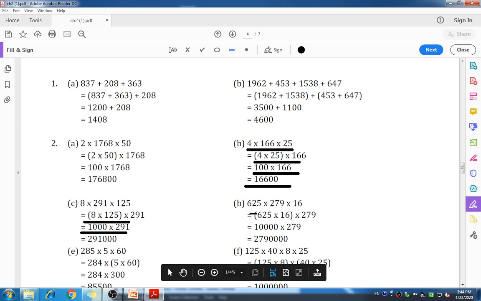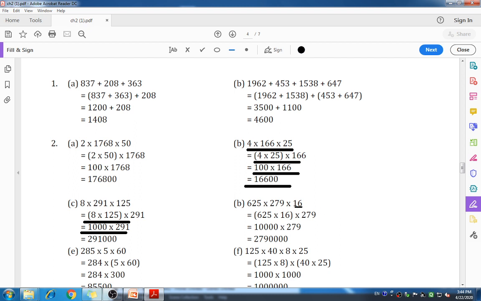The next, 625 into 279 into 16. Look here carefully. If we count the multiples of 16, we get 0 at the fifth place. Look here: 16 1s are 16, 16 2s are 32, 16 3s are 48, 16 4s are 64, 16 5s are 80.